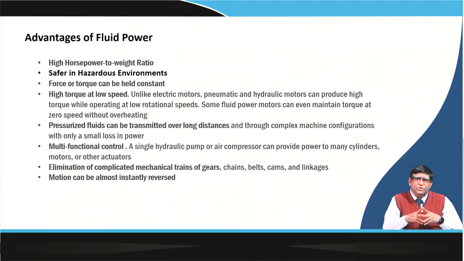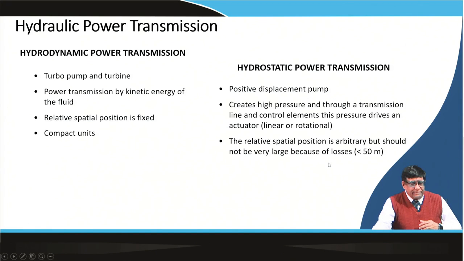But in the case of gears, as you might have seen in your car, to go backward you need to operate your clutch and engage the reverse gear, and only then it will go. In a hydraulic system this becomes much easier.